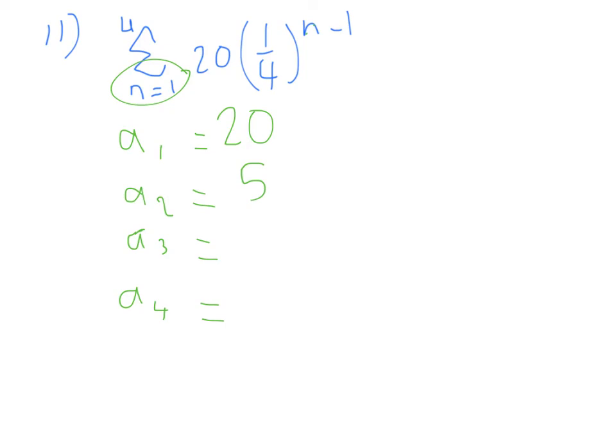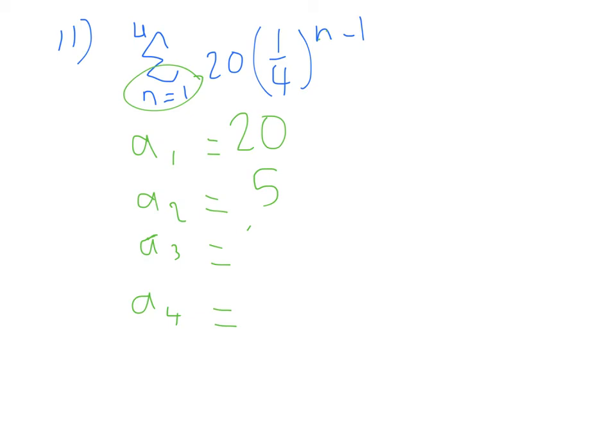Third one is when you plug in 3, so 3 minus 1, that's 2, so a quarter power 2 is 1/8, okay, sorry, 1/16. A quarter power 2 is 1/16, and that's a common error. Okay, so 20 over 16, not an 8, because again, a quarter power 2 is a quarter times a quarter, which is 1/16.